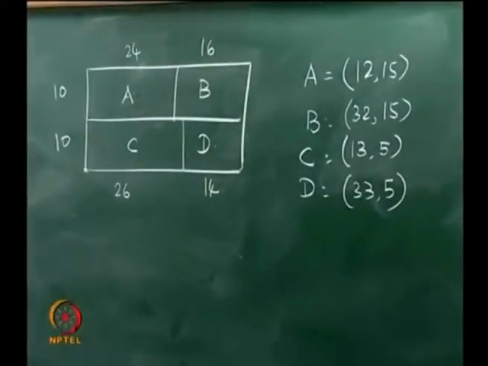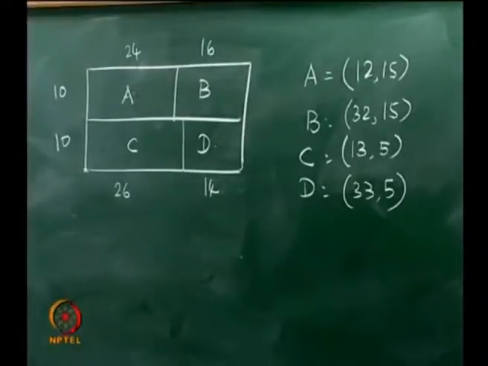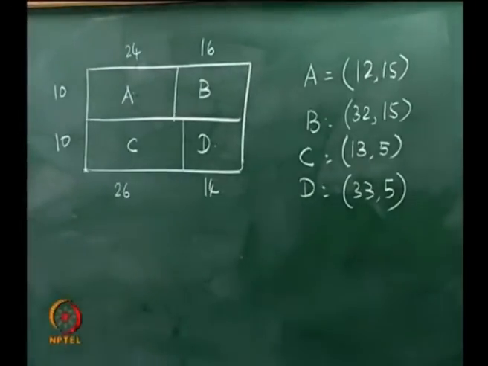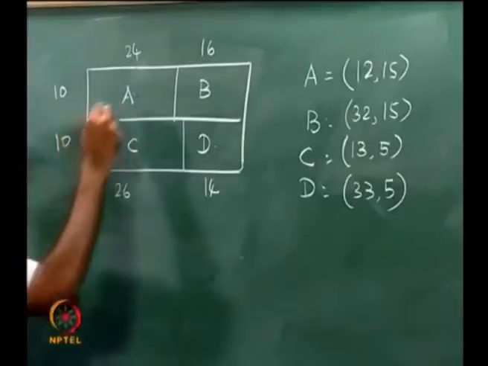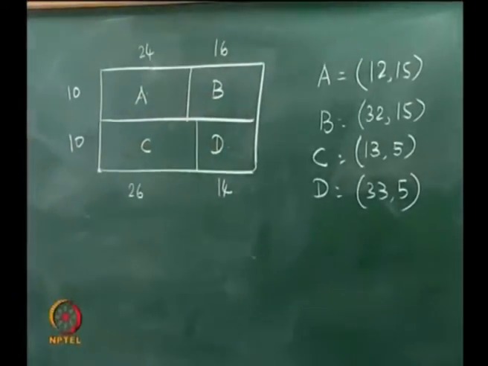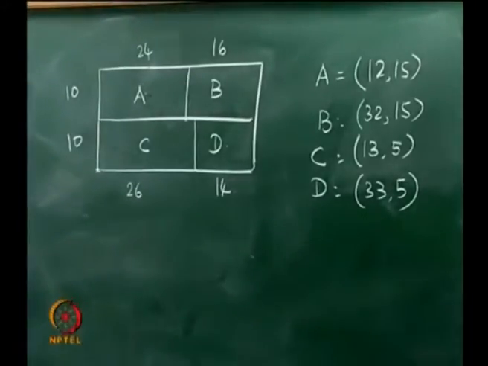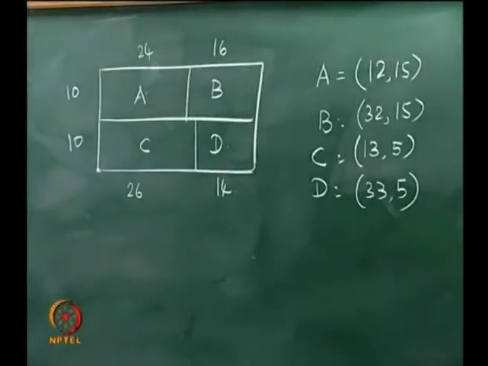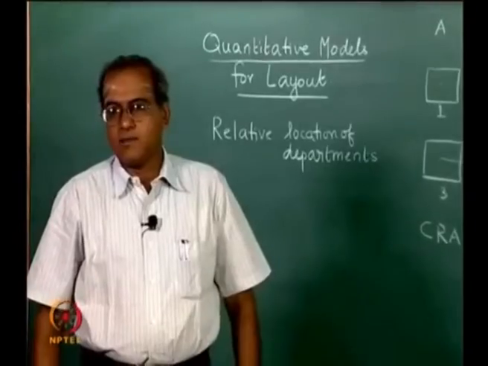So, now based on these centroids we can now create a distance. So, we can now call these centroids as 1, 2, 3, 4 and then we can compute a distance matrix here based on the centroids.